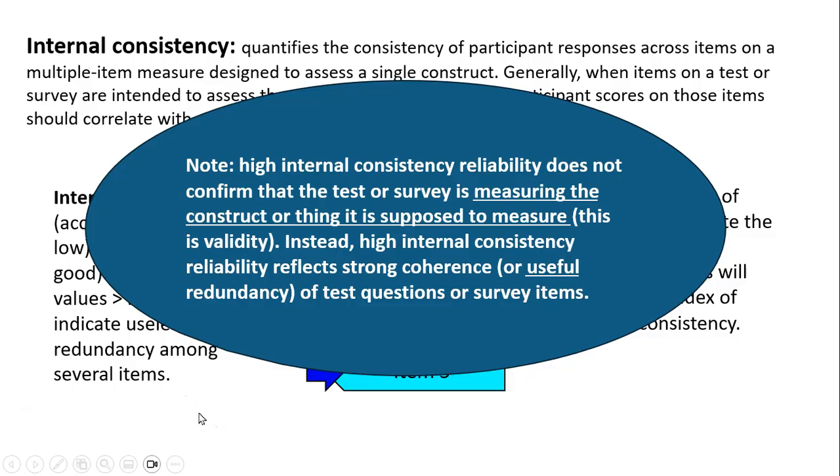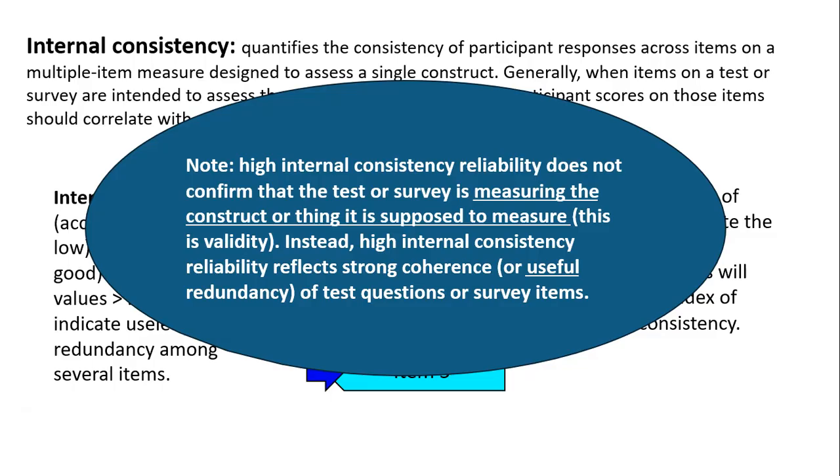Instead, high internal consistency reliability reflects strong coherence, or what I would dub as useful redundancy of test questions or survey items. Because remember, the idea here is your test, survey, or scale, you want that to be assessing the same global overall construct.